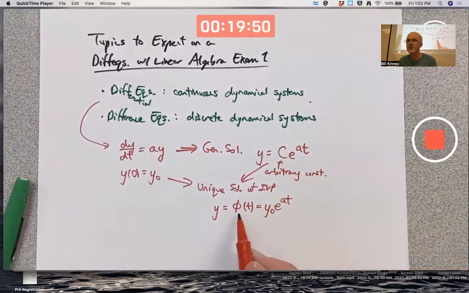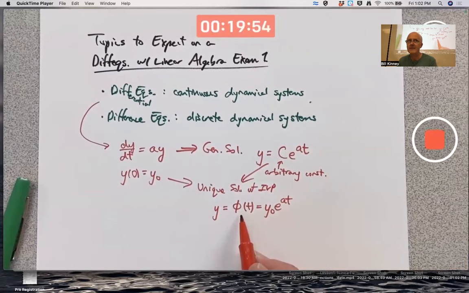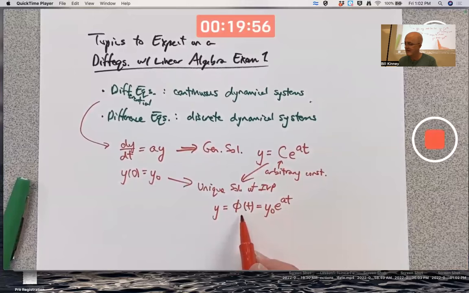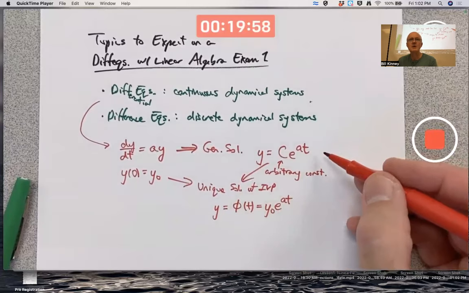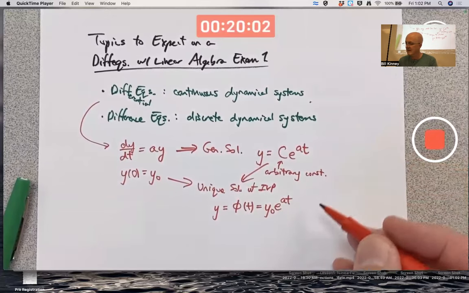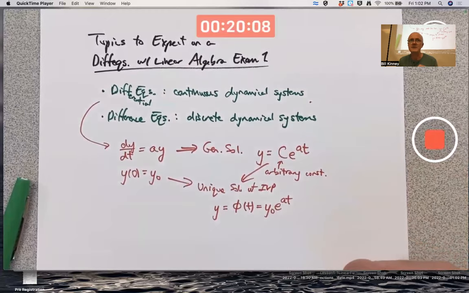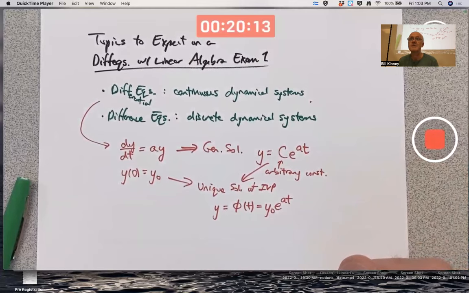Sometimes I even put a subscript of Y0 there to emphasize the initial value is Y0. This general solution represents infinitely many answers. This unique solution of the IVP represents one function, because A is a fixed number and Y0 is a fixed number. I'm not saying what they are, I'm just imagining them to be fixed.